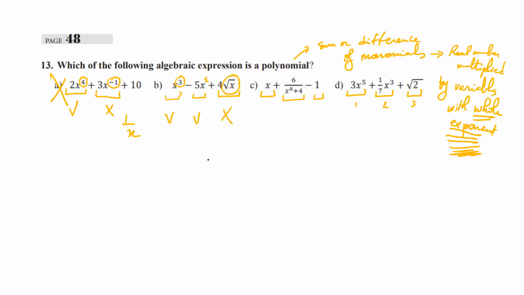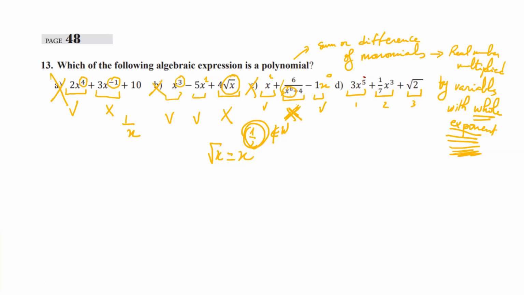No. Why? Because square root of x is x to the half. So the exponent isn't an integer. Here, yes, it's a whole number. But here, x is in the denominator. So it's forbidden. So this is not a polynomial.